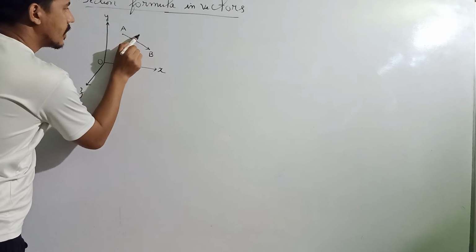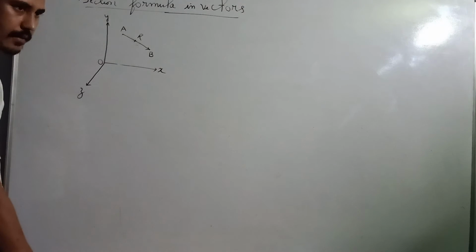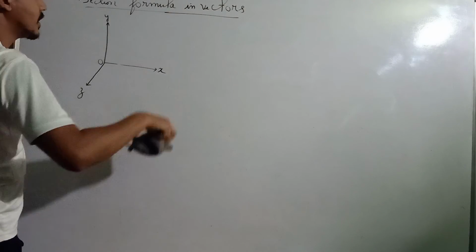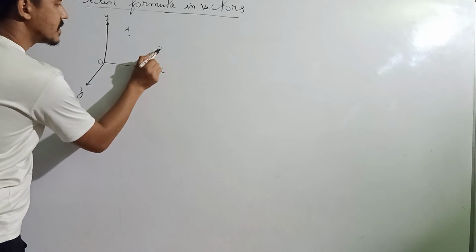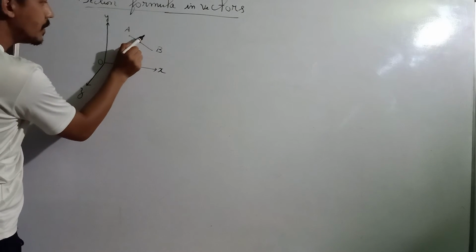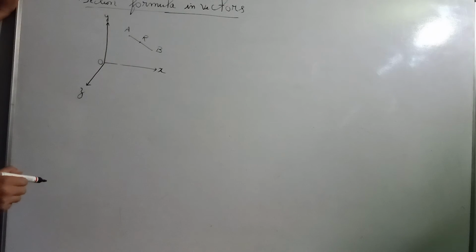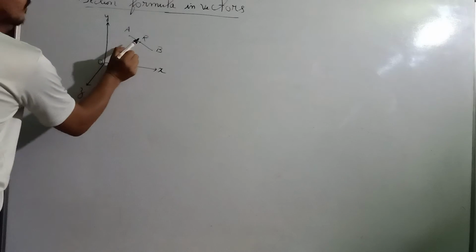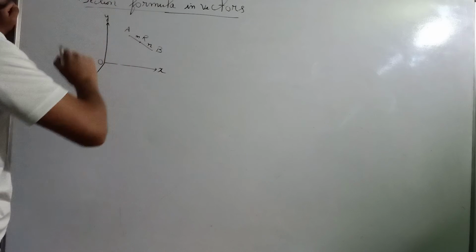Let's say that R is any point on the line AB. Let R be another point on the line joining A and B, such that R divides AB internally in the ratio m:n.